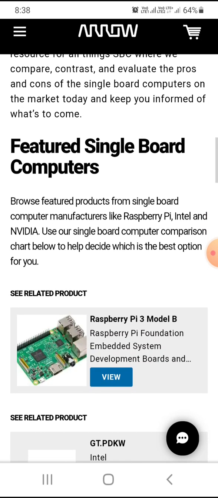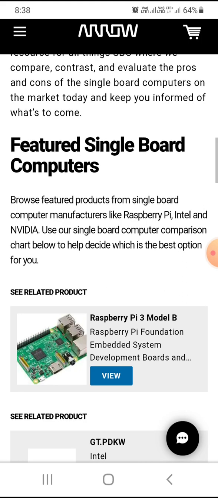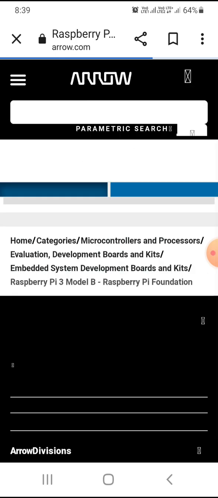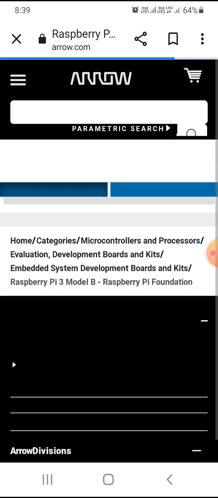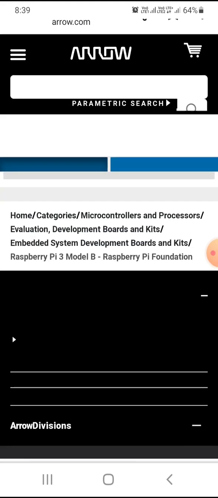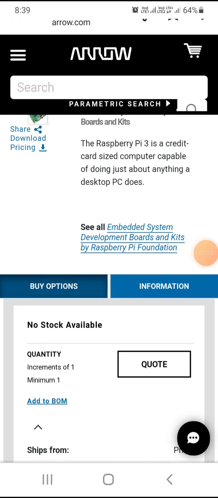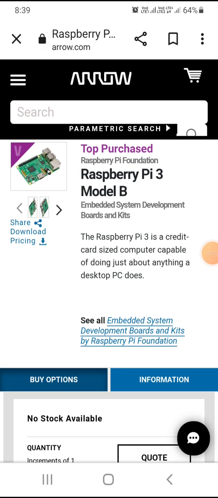Browse featured products from single board computer manufacturers like Raspberry Pi, Intel, and Nvidia in our single board computer comparison chart below, so you can find what's best for you. Here you can see the Raspberry Pi 3 Model B. The Raspberry Pi 3 is a credit card size computer capable of doing anything a desktop PC does.